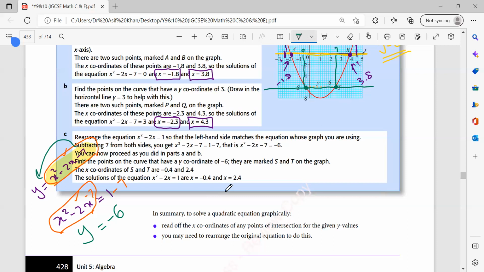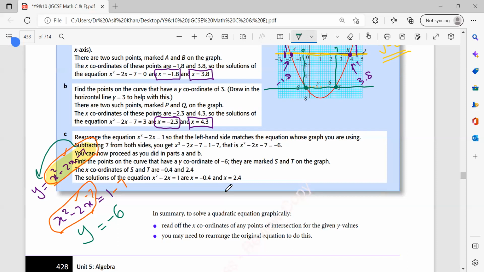Now in this one, part C, please ask any question if you have. In this question, what was the thing? Minus 7 was missing. So I add minus 7 on both sides to make them equal to the given function, equals to y.